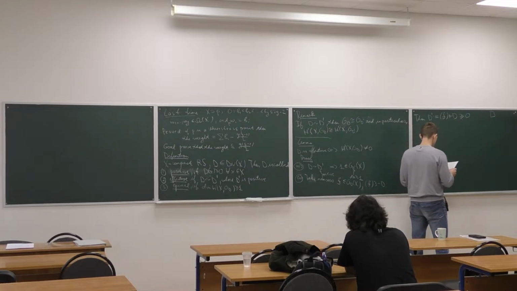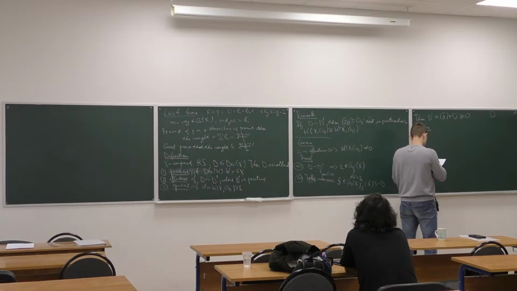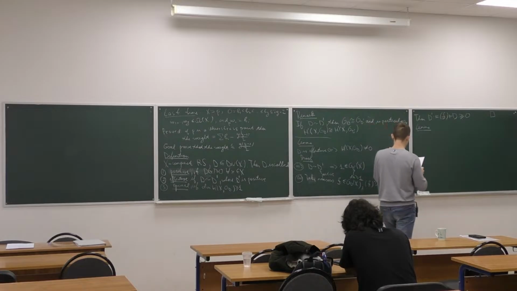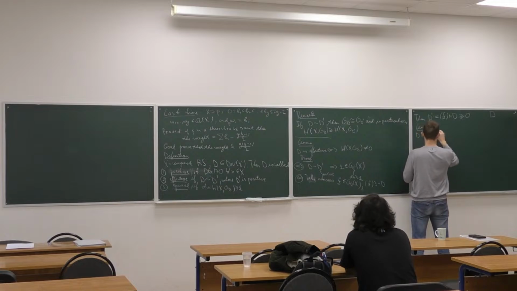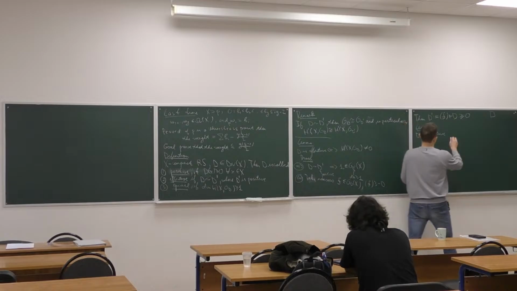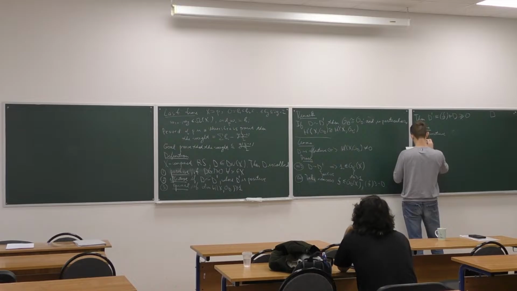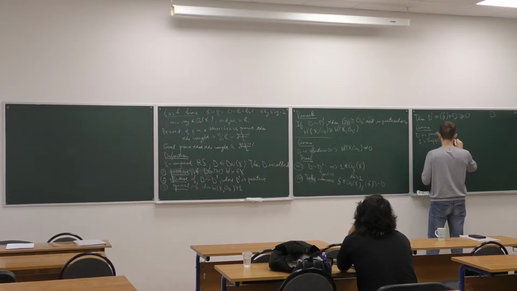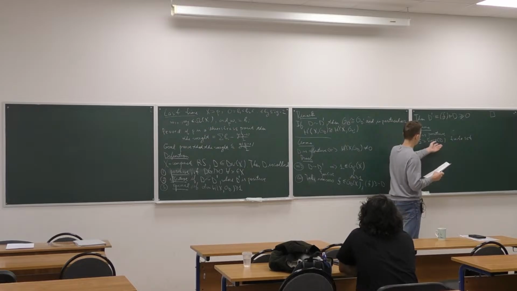Then there is another simple lemma describing how to compute the dimension of this group O_D of X. Suppose D is positive, and suppose S is a finite set containing all the points where D is non-zero.